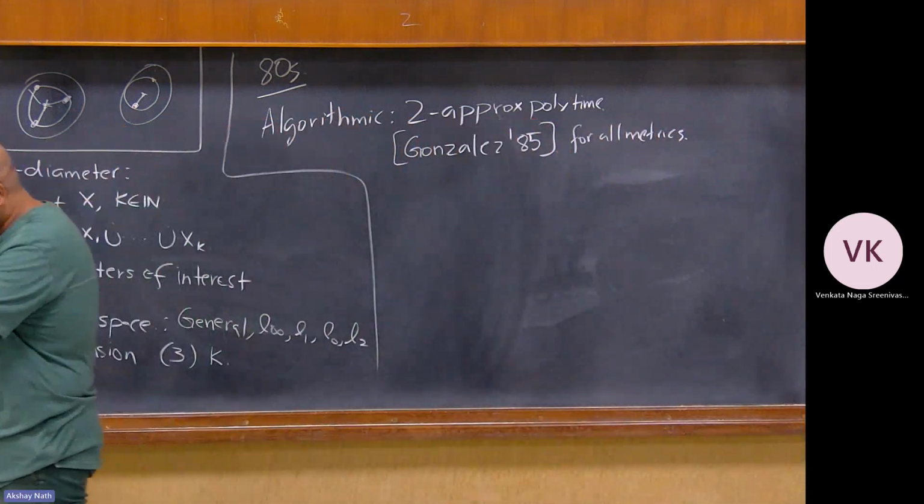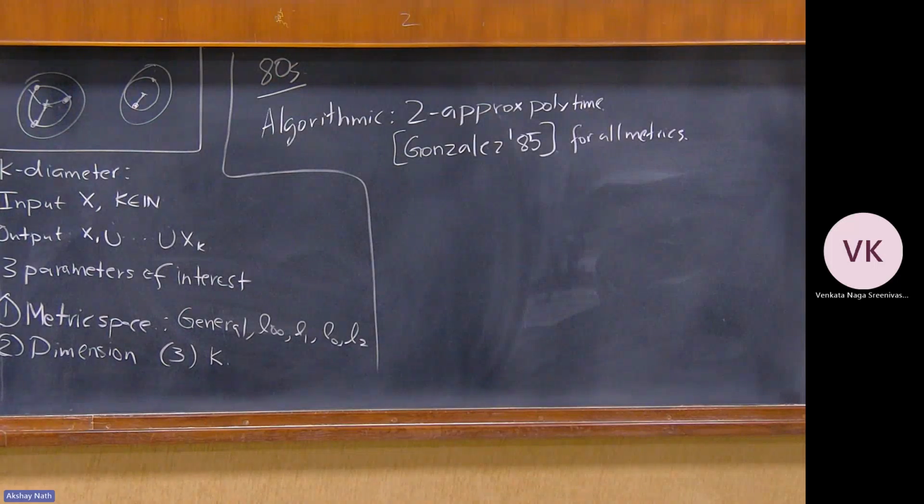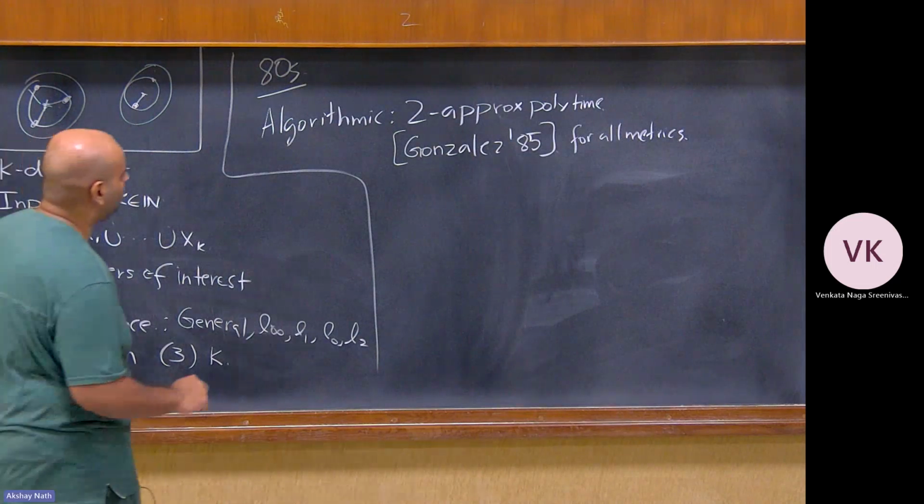So really the question then is, can we beat this 2 approximation, either in all metrics or by using some special structure of the metric? So this turns to hardness.